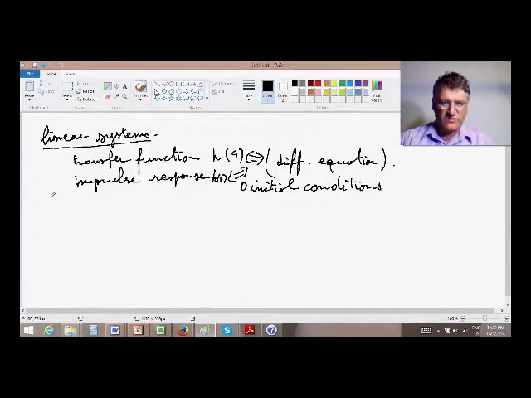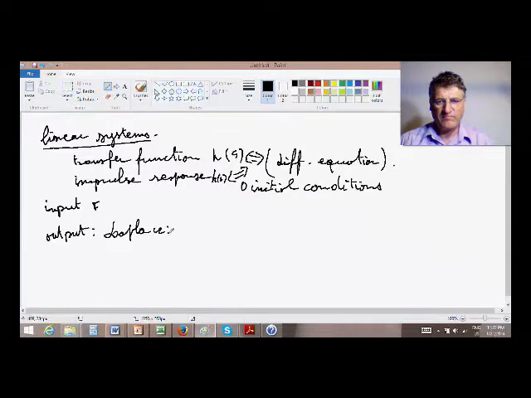We also remember that the following happens. If I have an input function which we call f, then the output, which is the response of the system, in the frequency domain or in the Laplace domain, will be: output hat of s, let me not forget the hats, is equal to h hat of s times f hat of s.